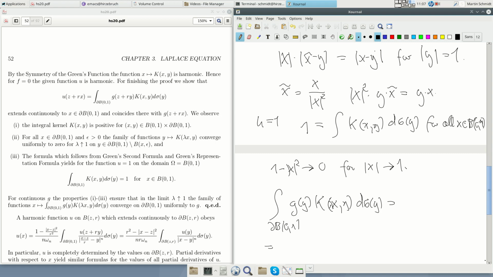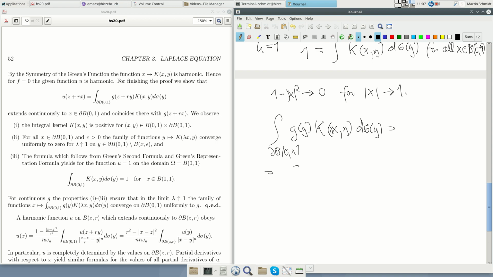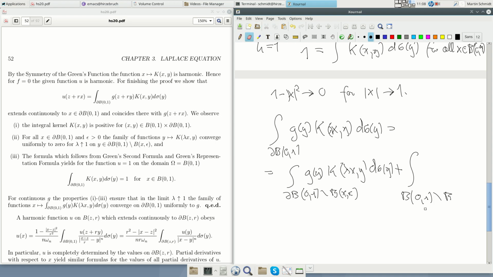It is equal to the integral over the boundary of the unit ball outside the epsilon ball around x, of g(y) k(λx, y) dσ(y), plus the integral over the rest, so we take the boundary of the unit ball intersecting with the epsilon ball, of g(y) k(λx, y) dσ(y).